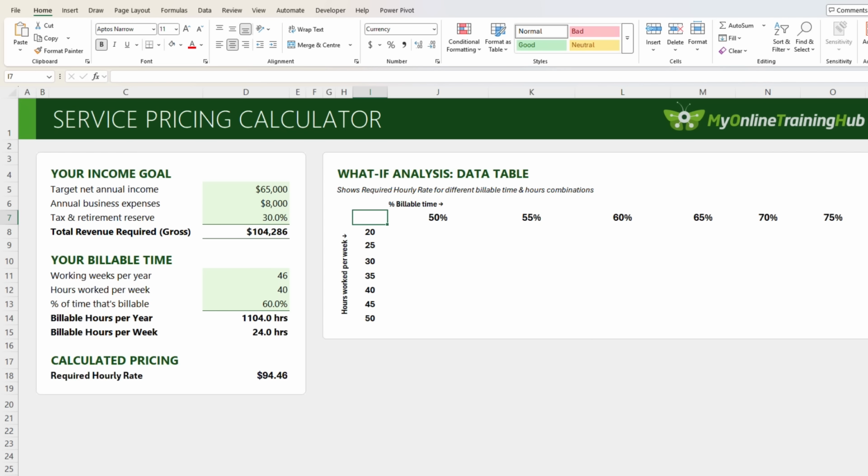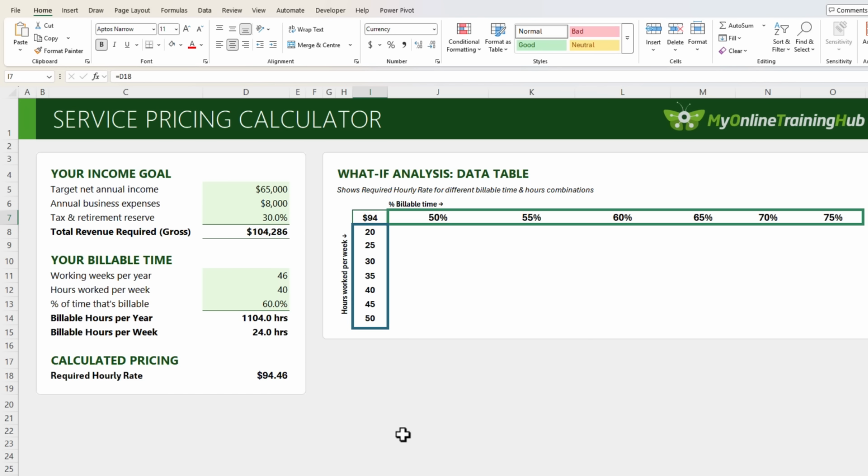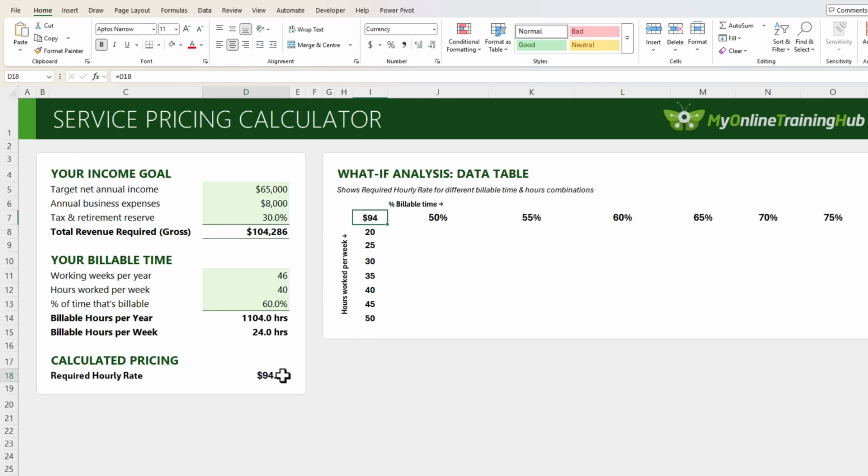Now at the junction, I need to reference my required hourly rate cell. Now this cell must contain a formula, and you can only use variables in the row and column labels that reference this formula. Hence why earlier when I wrote this formula, I referenced the working weeks, hours worked per week, and the percentage of time that's billable, because this gives me more options in my data table.